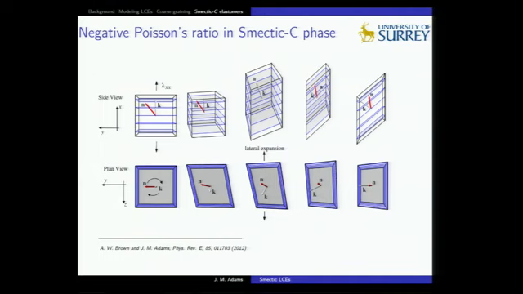So the director is rotating out into the perpendicular direction, which causes some lateral expansion of the sample. So it has a negative Poisson's ratio in this direction, but a much larger positive Poisson's ratio in the perpendicular direction, so it's still volume conserving.